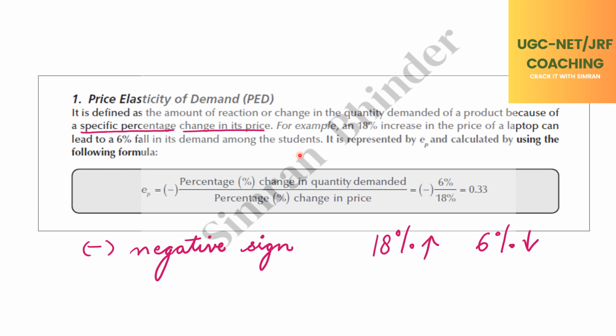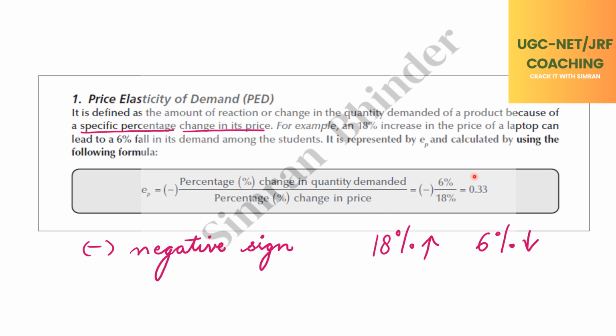And in this example you can see, जब 18% से प्राइस जो है लैपटॉप का इंक्रीज हो रहा है, देन ऑब्वियसली जो डिमांड है फॉर दैट लैपटॉप it will decrease, so it decreases by 6%. You have to remember the formula with respect to price elasticity of demand. It is represented by EP. In the numerator is percentage change in quantity demanded upon percentage change in price.